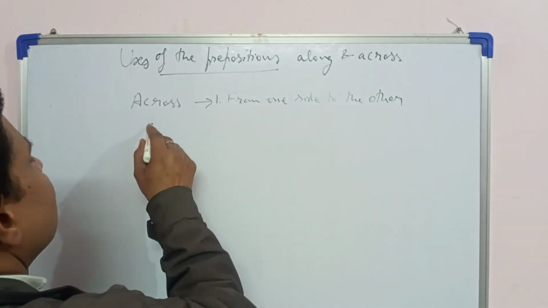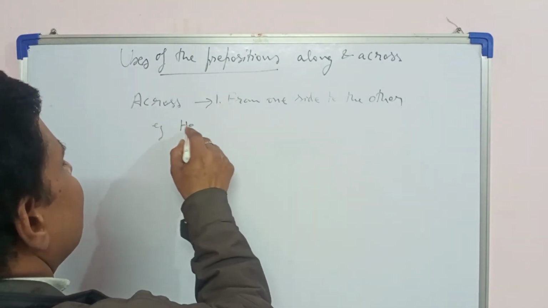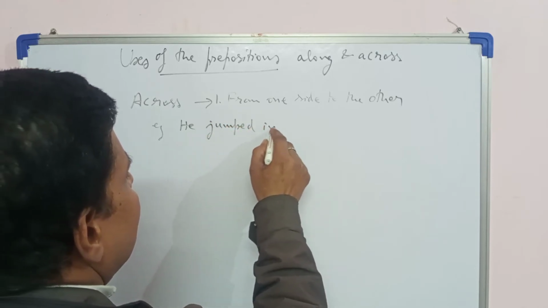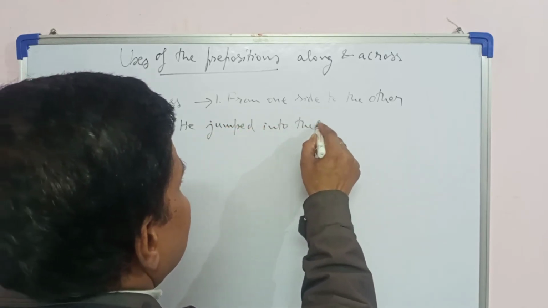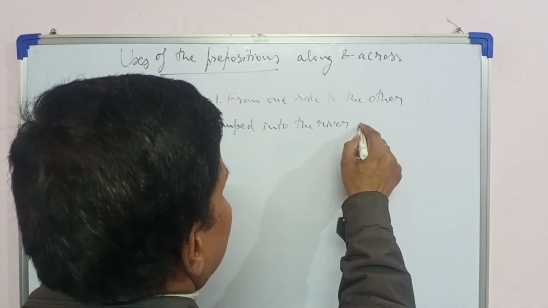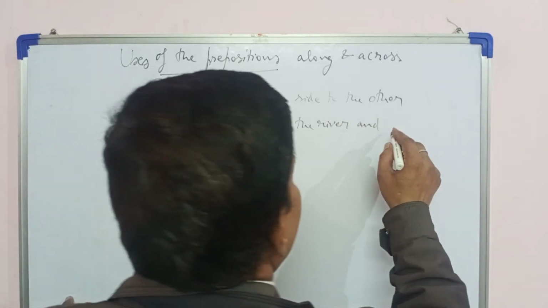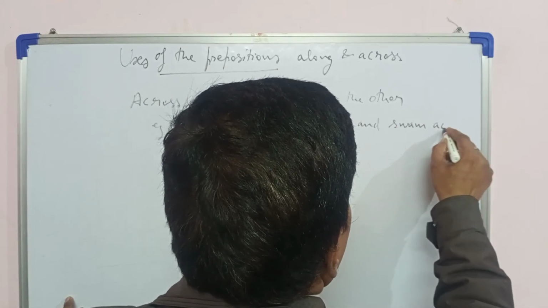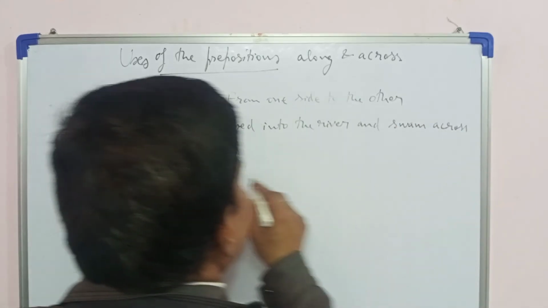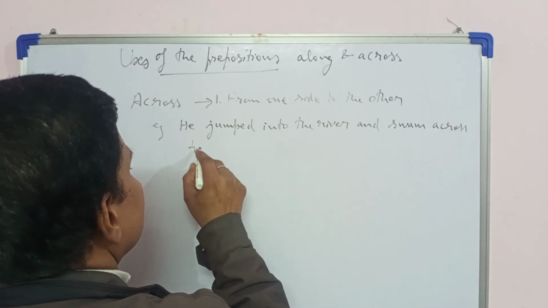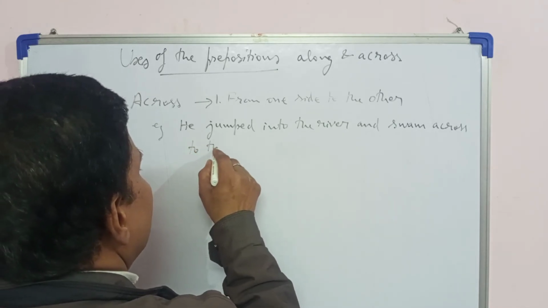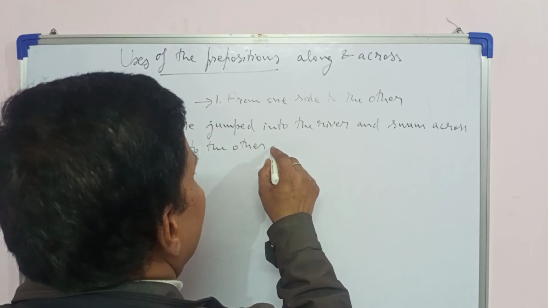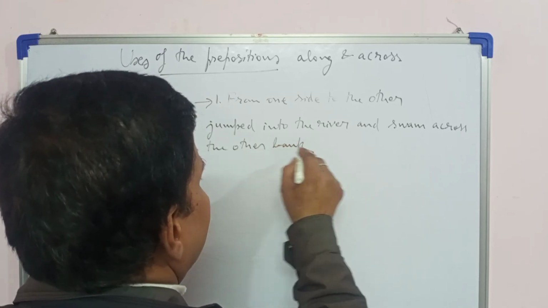For example, he jumped into the river and swam across to the other bank. To the other bank.